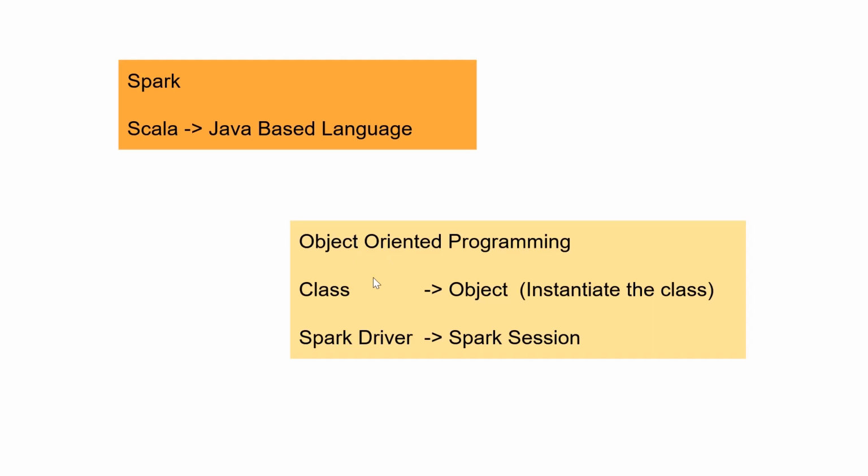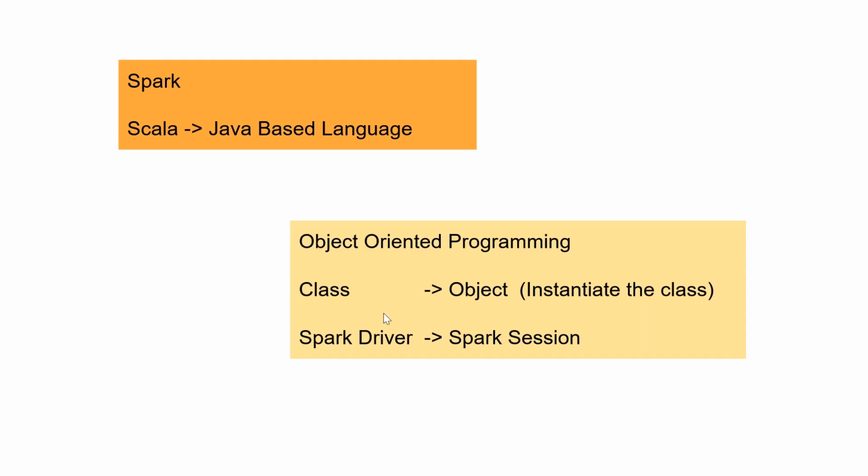In object oriented programming, the program itself is written in something called a class, and when you call that class, you create an object out of that class. You instantiate the class, and that's called an object. Once you create the object, you start using the different features of that class.